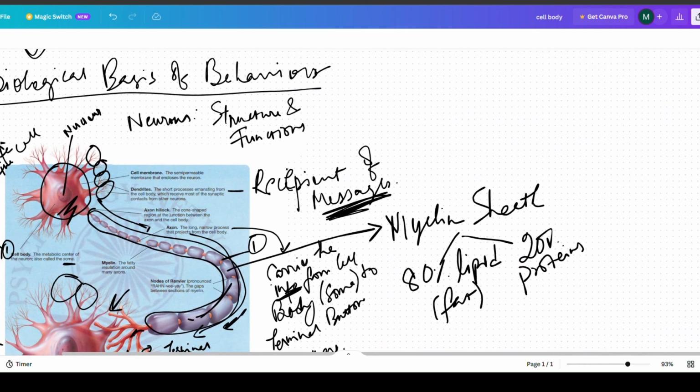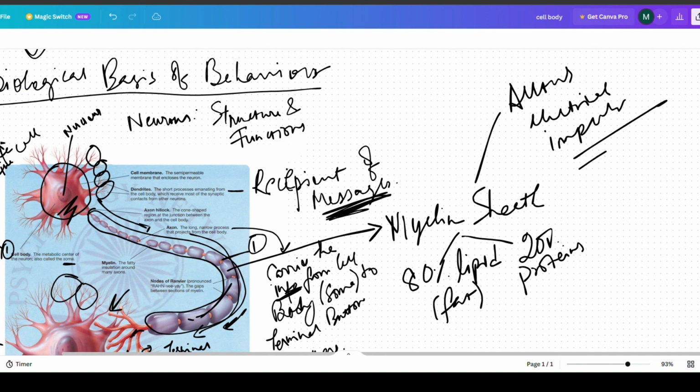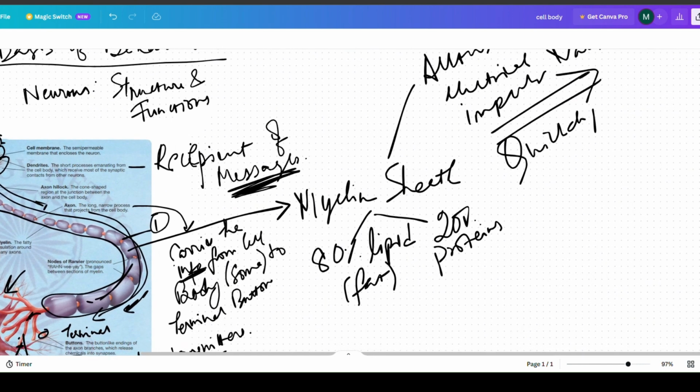What is the work of the myelin sheath? It allows electrical impulses to transmit very quickly and very efficiently along the nerve cells, and it also insulates most axons from one another.